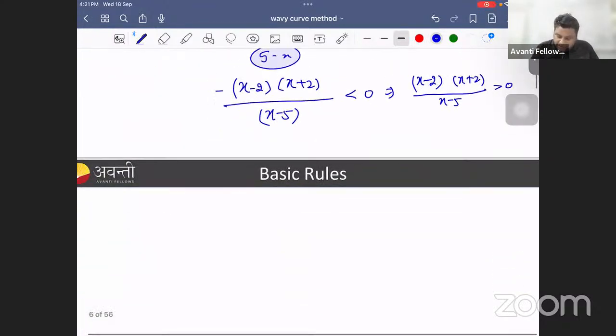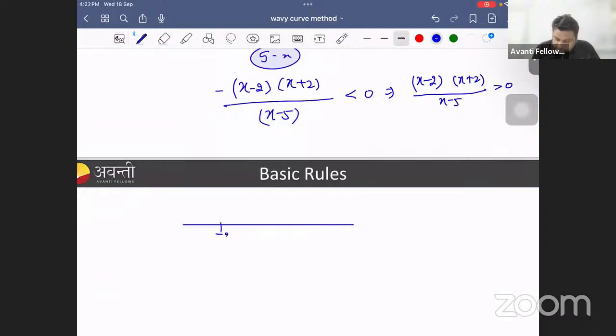Now you make the number line. Mark the zeros in their increasing order, minus 2, 2 and 5, and start the wave. This is how it is. Plus, minus, plus, minus. You are looking for the region where it is greater than 0.